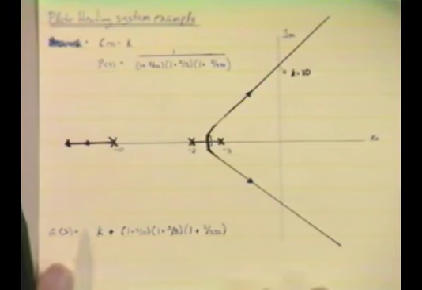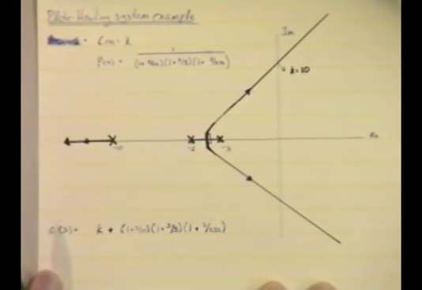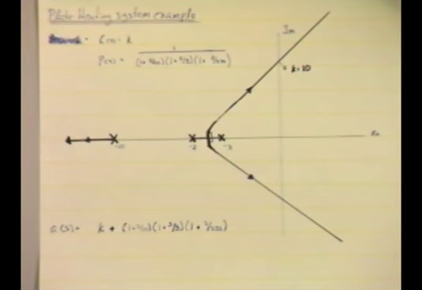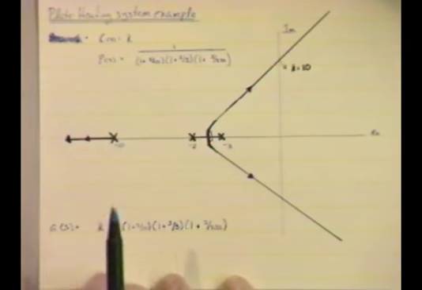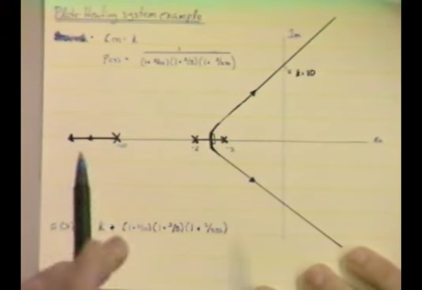Just out of curiosity, let's ask, what happens now when I make the k negative? The controller gain negative. How do the poles move in that case? You don't need to know this. This is the subject of EE105, and it's very interesting if you're into this kind of thing. What happens for the case of negative gain is this.